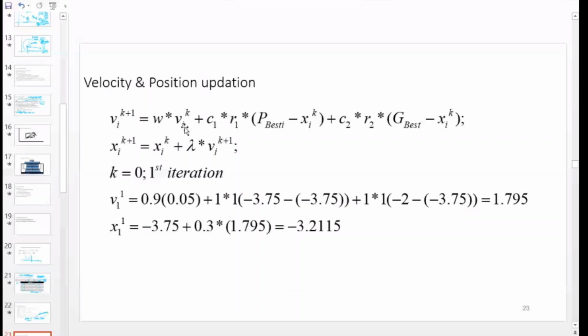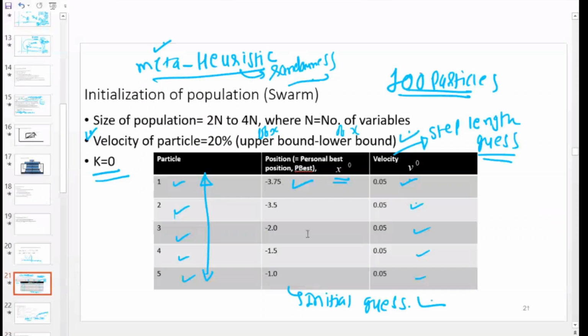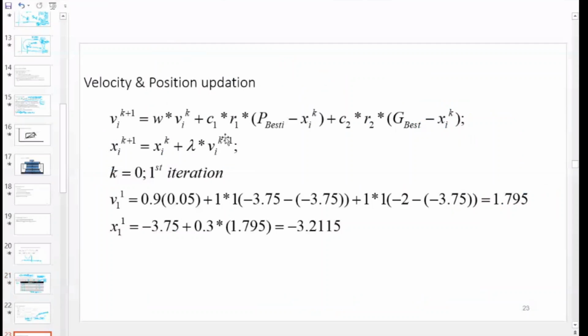Omega inner step constant 0.9, vik, v1 superscript 0. What was the velocity of the first particle in the 0th iteration? See this table, it is 0.05. So 0.05 plus C1 R1, both are 1, 1.